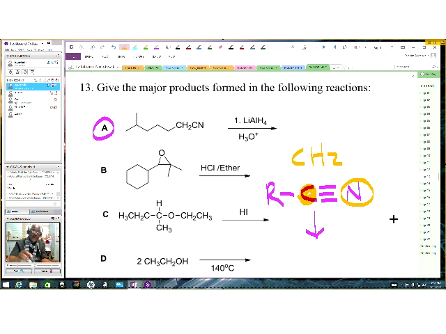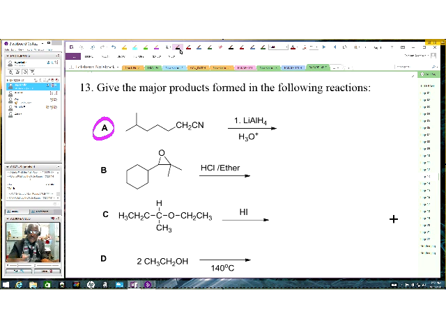So what is the product going to be here? Let us see here. Take this out of the way. So here we are going to get this product here. 1, 2, 3, 4, 5, 6.